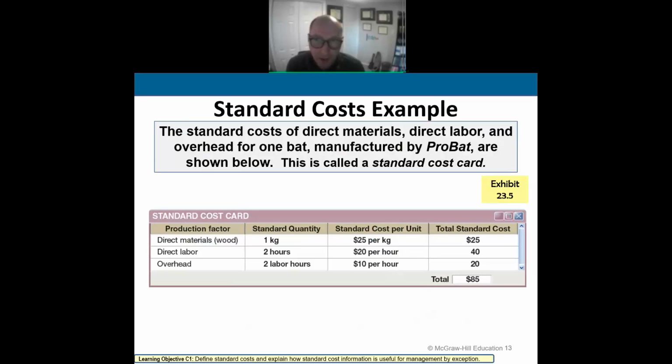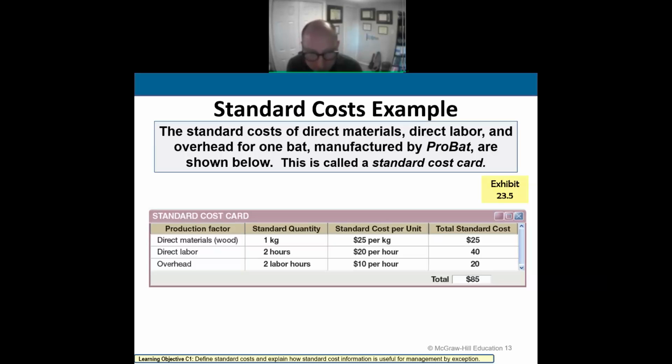Let's say we are manufacturing baseball bats. I have direct material, direct labor, and factory overhead for each baseball bat. And I can create standard costs based off of the manufacturing of each baseball bat. How's that? For direct materials, I take the quantity times the amount per unit.